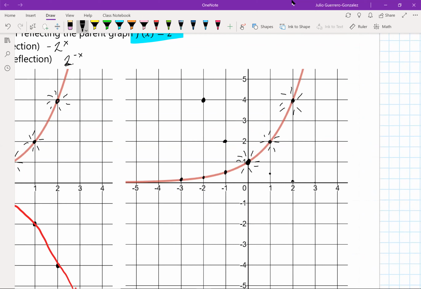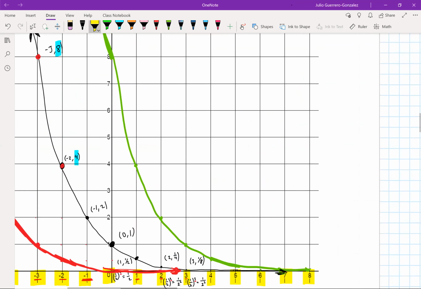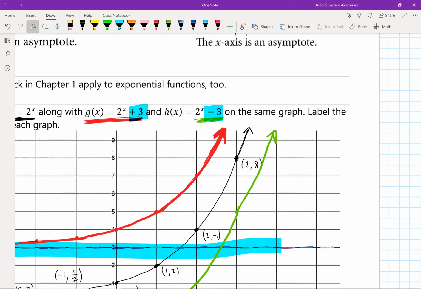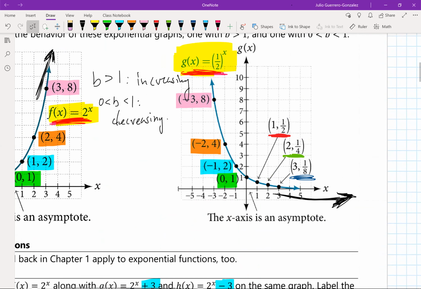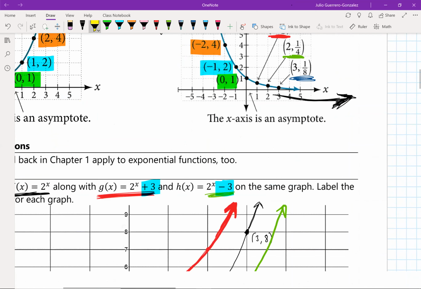And this is the point that I wanted to make from the previous example, that this thing right here is the reflection, or is exactly 1/2 to the x. So we should be getting the exact same graph from the very beginning of the chapter. From up here, we should be getting exactly this one over here. And lo and behold, we are.